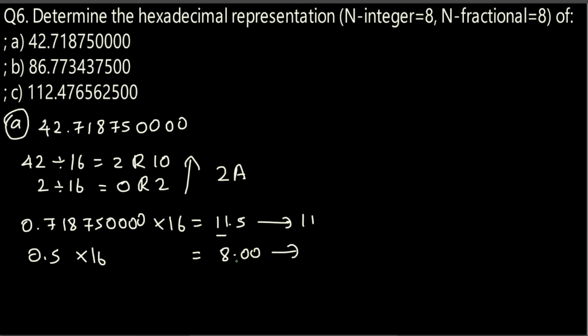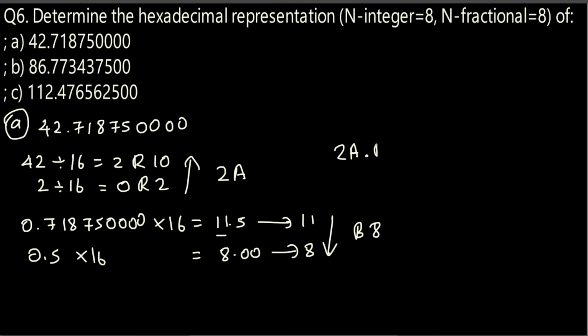In front of the decimal point we have 8 here, and we read this from top to bottom. 11 is B in hexadecimal, and 8 is 8. If we combine both of them, this is 2A point. 2A is the integer part we converted into hexadecimal, and B8 is the fraction part we converted into hexadecimal.